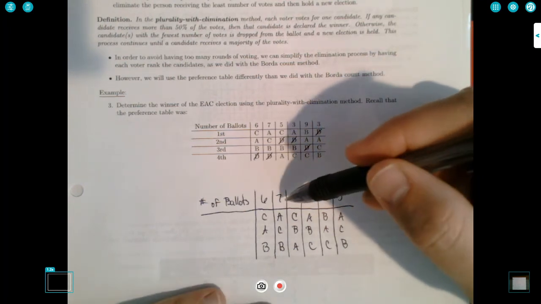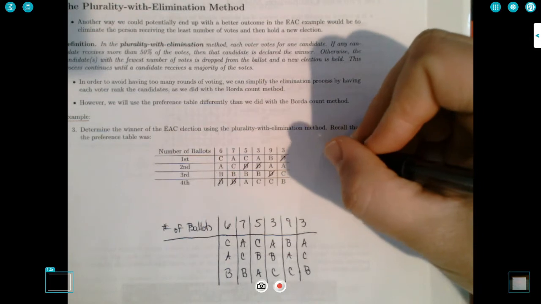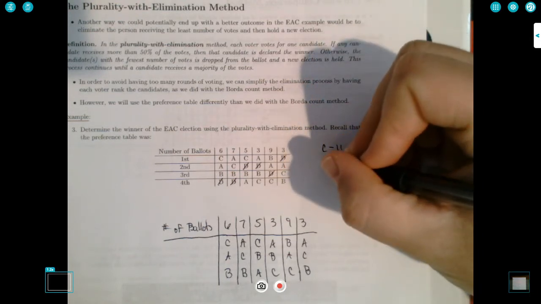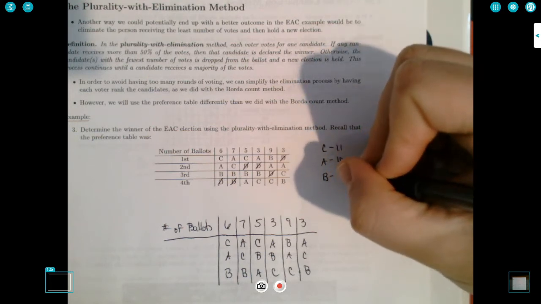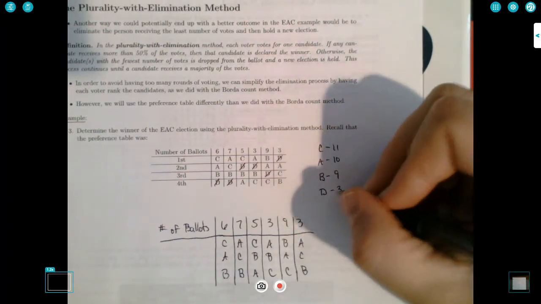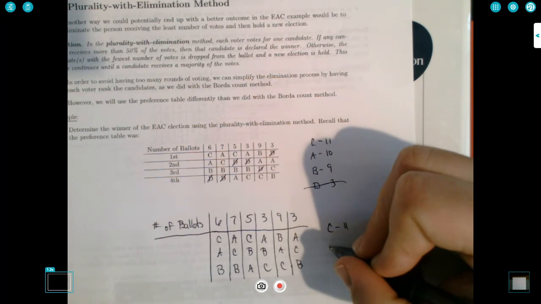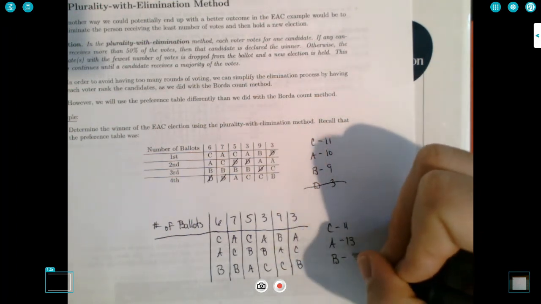Up here, C had 11, A had 10, B had 9, and D had 3. So we eliminated D. Now, C still has 11, but A has 13, and B still has 9.